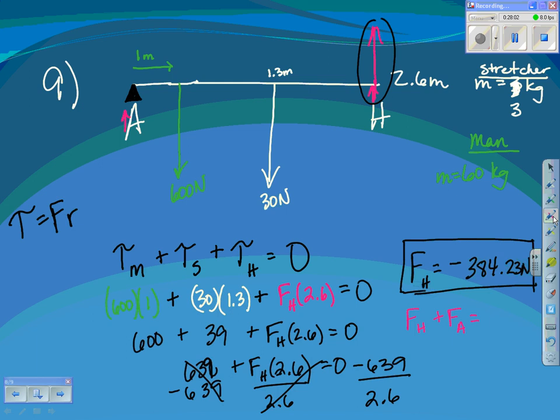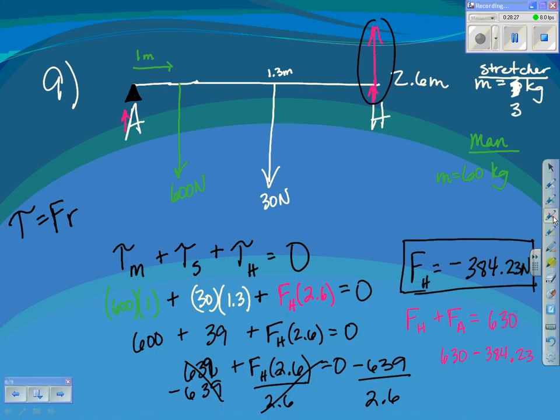And so adding 630 would mean that they all have to equal 630. So I'm going to say 630 minus just my 384.23. Now, why do I not use the negative value of that? Because the negative is just there to tell me direction. It is not part of the calculation.